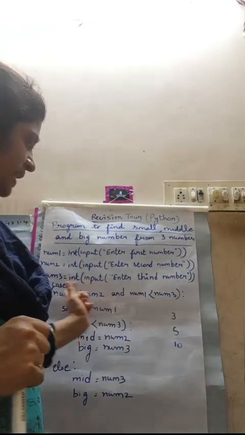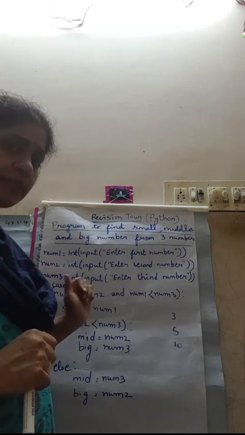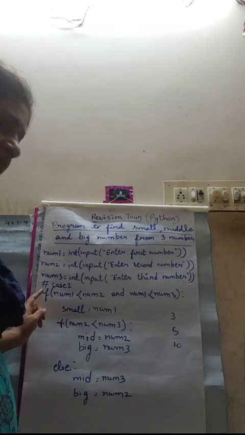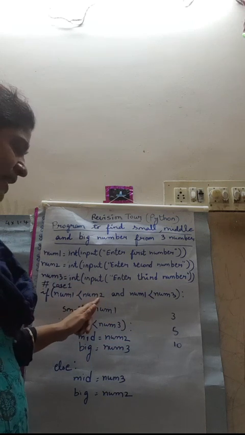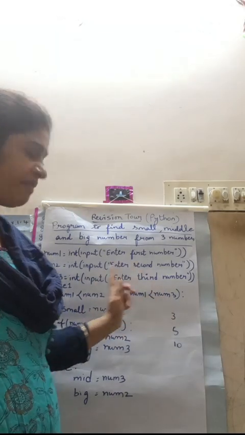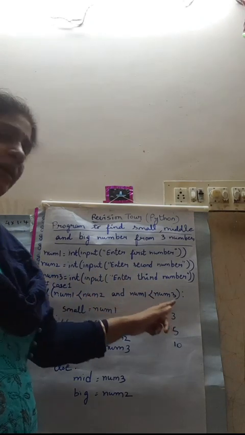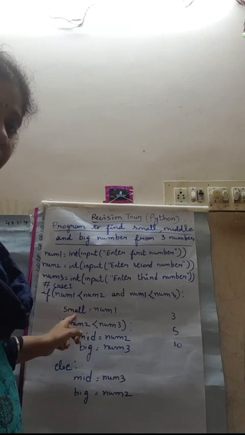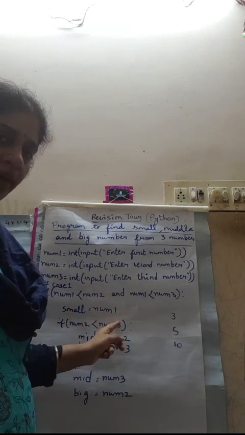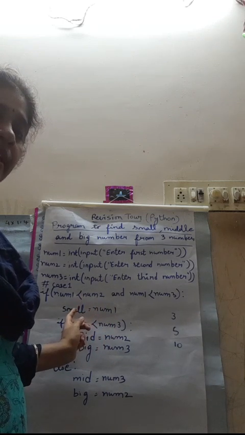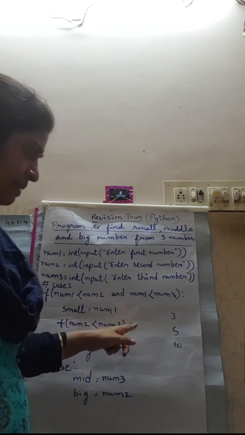The first possibility I write using if number1 is less than number2 and number1 is less than number3. If it is less than both, then you set the variable small to number1.